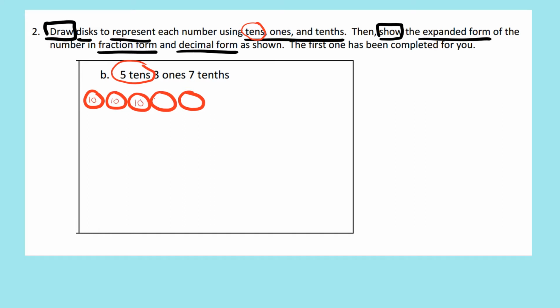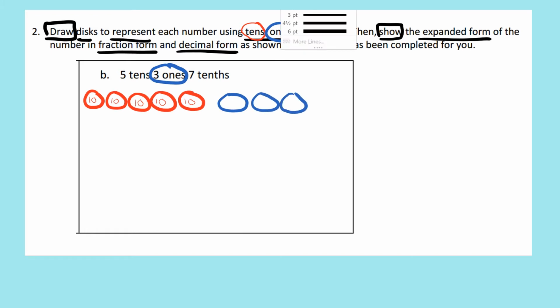Each disc represents 10. Then I need to draw the ones, and I have 3 ones. So I'm going to draw 3 discs. And just like I labeled the tens, I am going to label the ones with a 1.